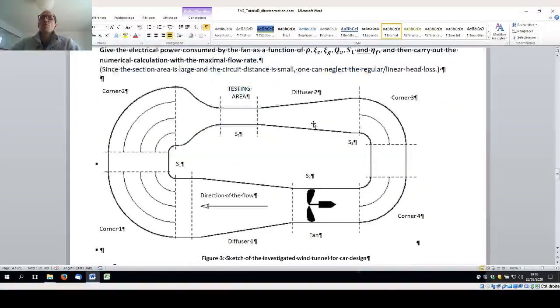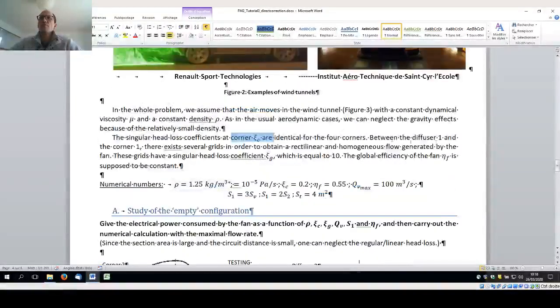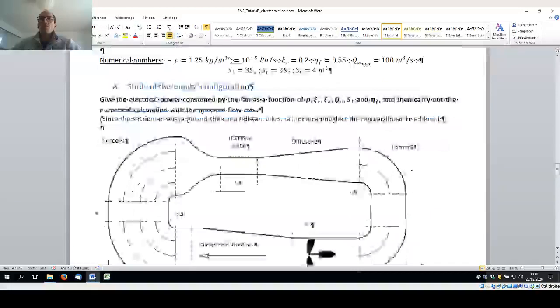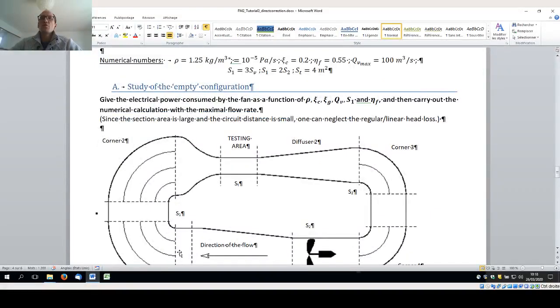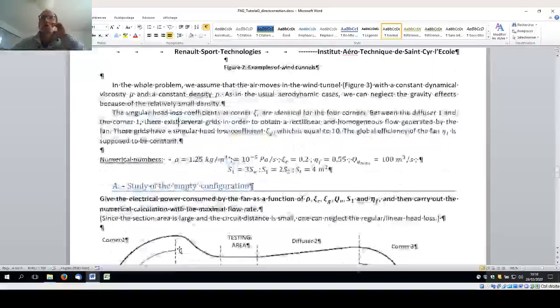Between diffuser 1 and corner 1, in this location, you have different grids in order to homogenize the flow, to have a controlled level of turbulence inside the flow, and to have a rectilinear, something like homogeneous flow, which has a given head loss coefficient which is quite large here.